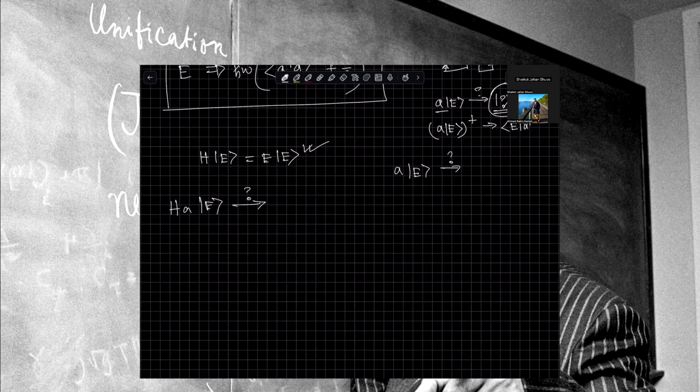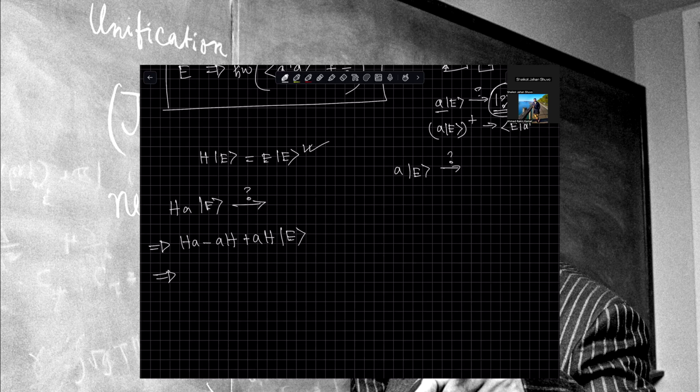So instead of HA, if I could push this H to just next to E, I could bring out the eigenvalue, right? So to that end, what I do is add and subtract AH like this.